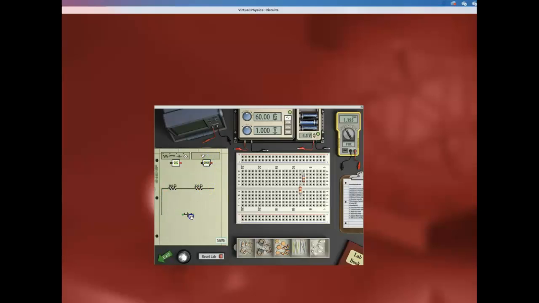I will bring my power supply, which is going to be positive here and negative here. All right, then this is my circuit.